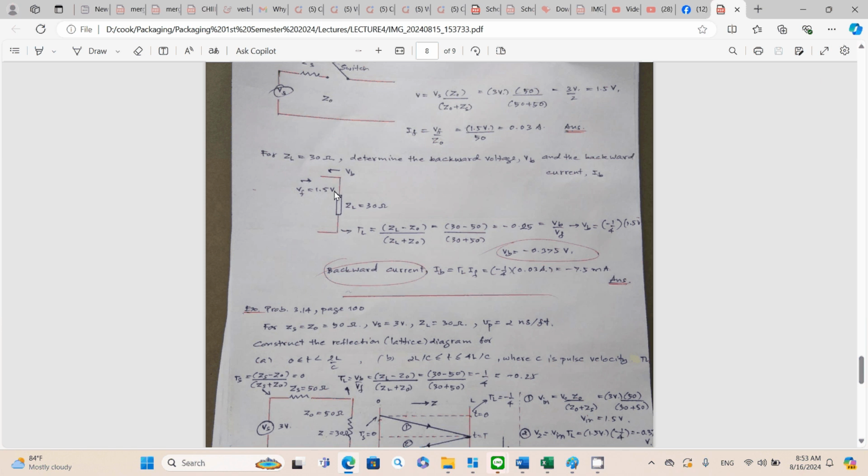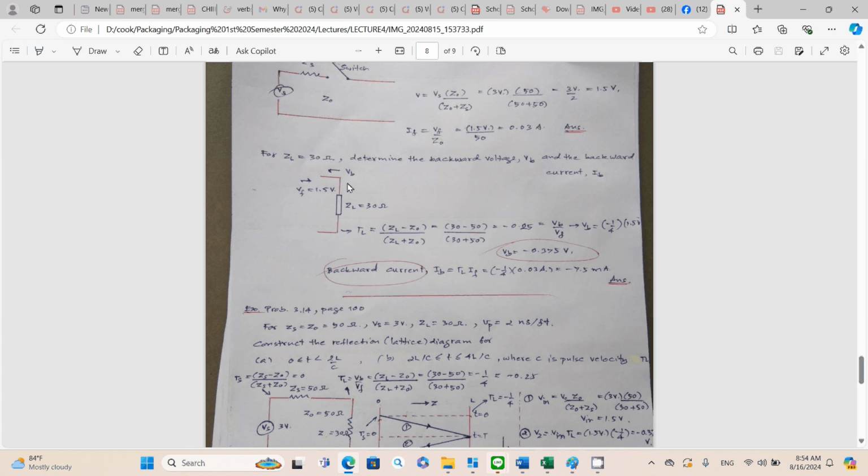Now you take a look at the load end. You see R equals 30 ohms. Determine the backward voltage VB and the backward current IB. Where you have an incoming voltage, the forward voltage, since your ZL is not equal to Z0, you have a reflection.